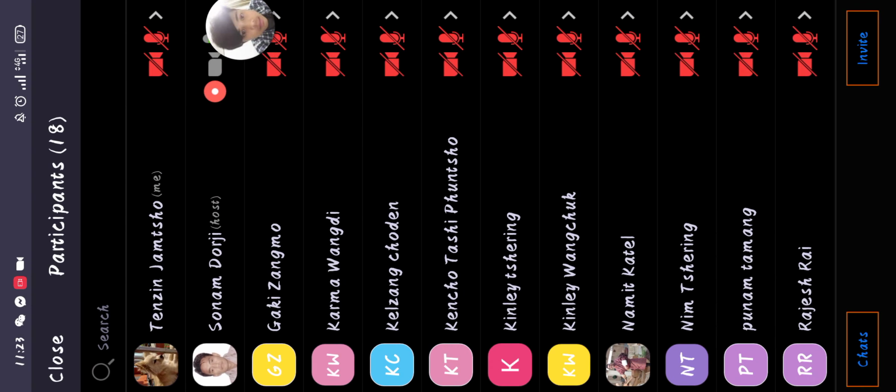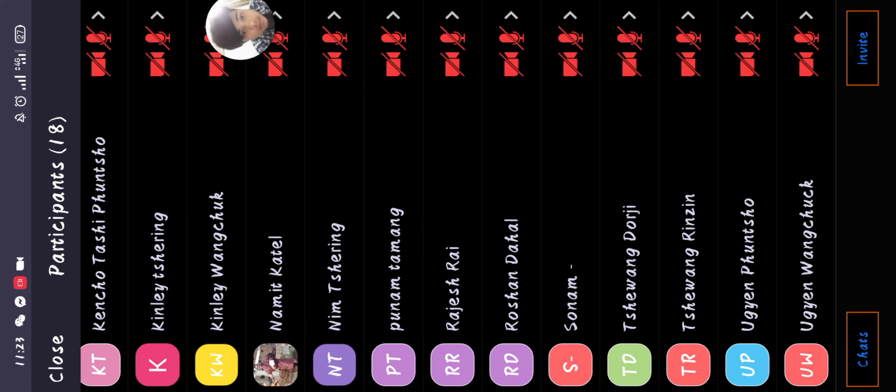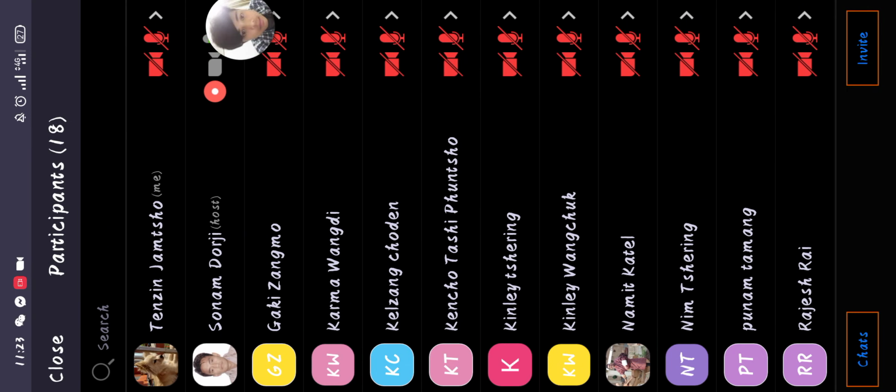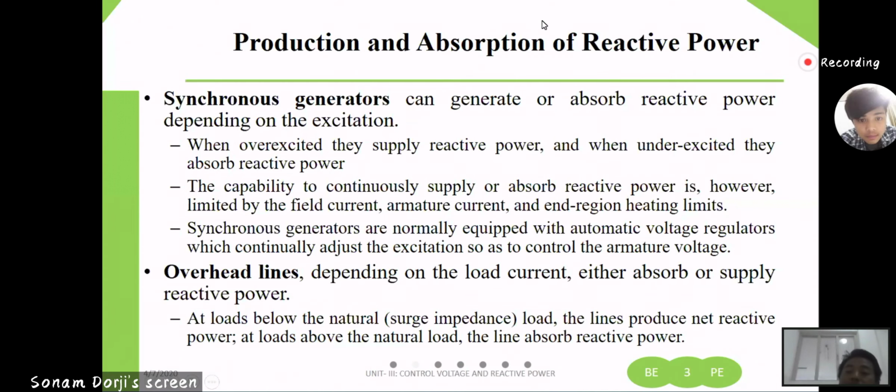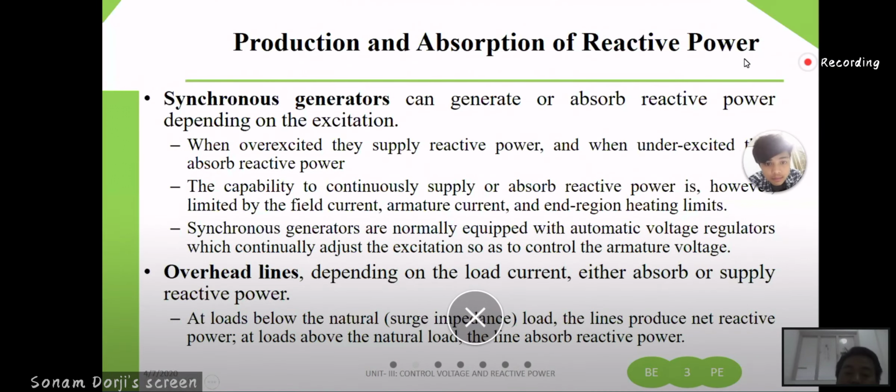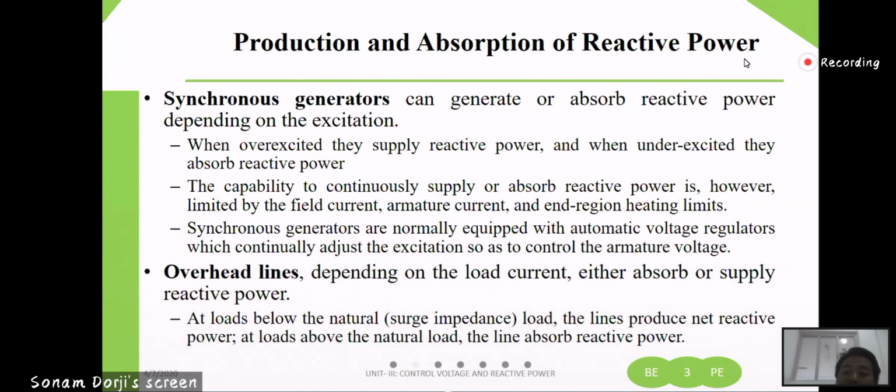Whether the synchronous generator can continuously supply or absorb reactive power is limited by its field current, IF, armature current, and end region heating. What is end region heating? We have learned that in unit 1.